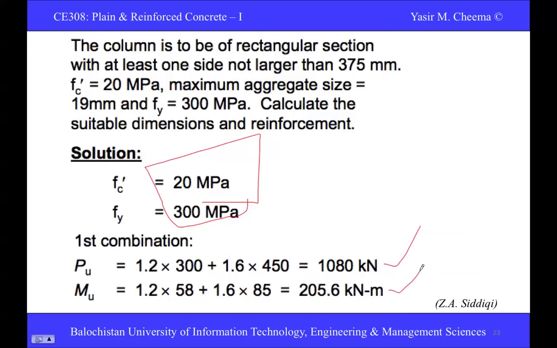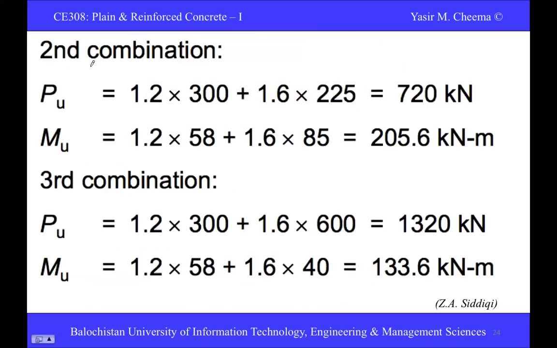For the first combination, 300 kilonewton was the live load and 450 kilonewton was the dead load. And similarly, 58 kilonewton meter was the dead moment, and the 1.6 was applied to the live moment. Similarly, on the same basis, we go for the second and third combinations, again using the same formula, 1.2 times dead load plus 1.6 times live load. We find this for all three combinations.